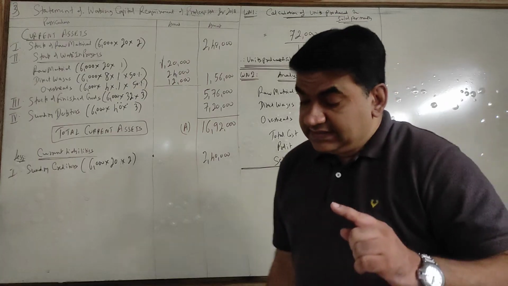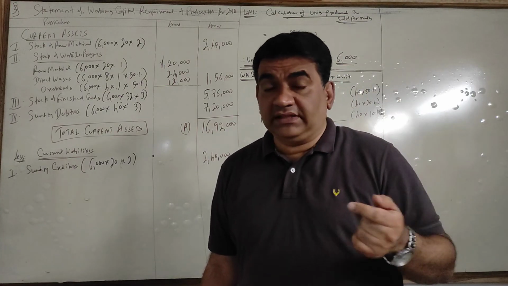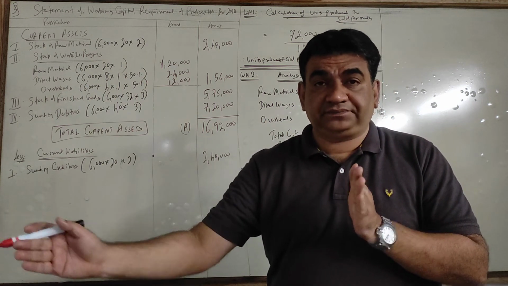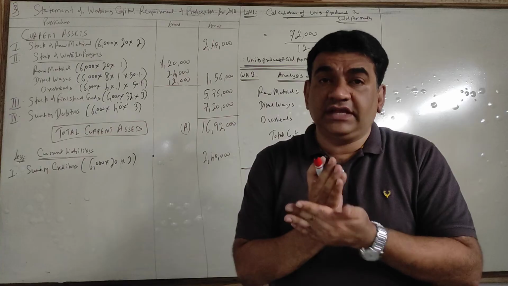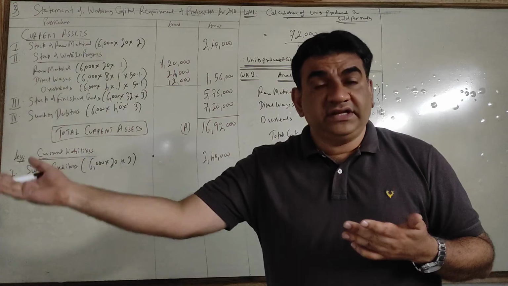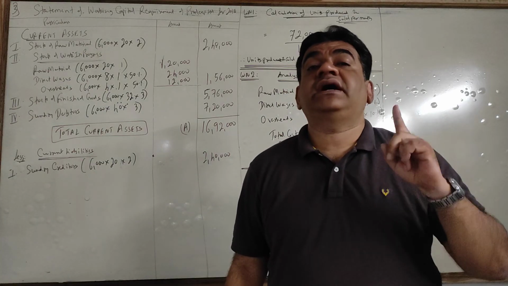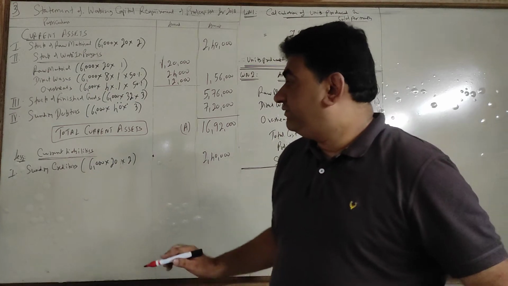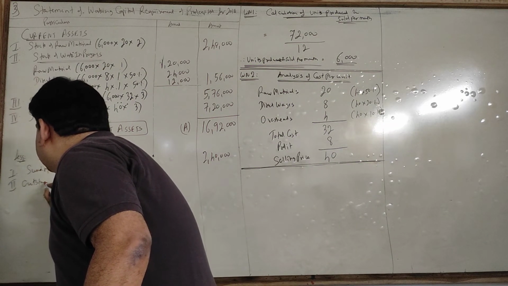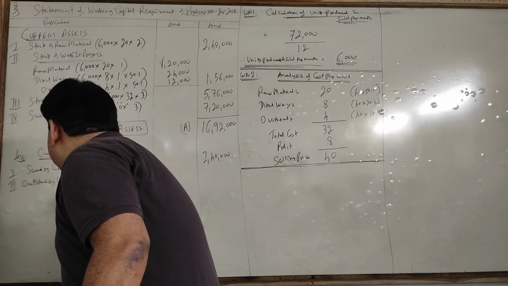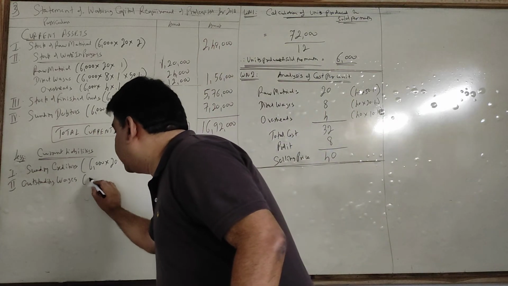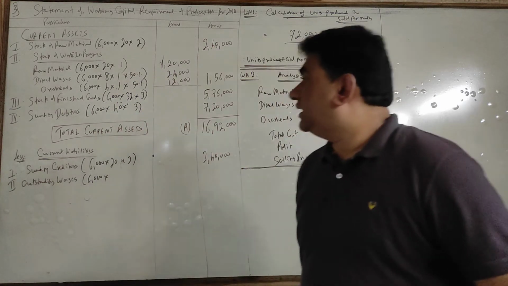Now see guys. Wages you are going to pay in the next month. That means the current month's wages I will pay in the next month. So can I say at the end of the year, the last month's wages will go in the next month? That means it will be outstanding for 1 month. So therefore, my next heading will be outstanding wages. Put a bracket. 6,000.